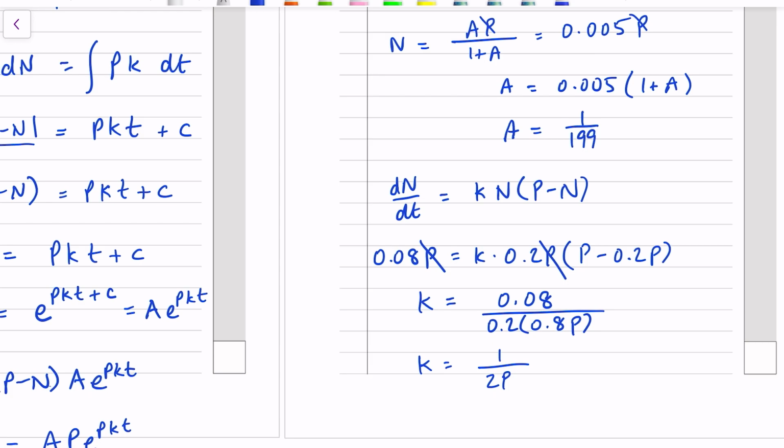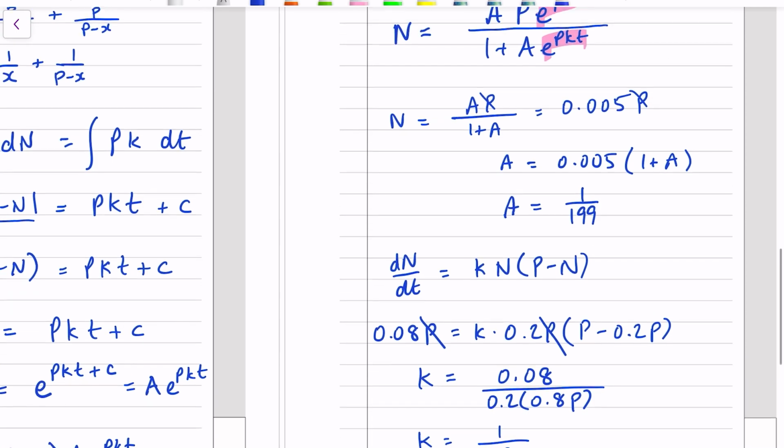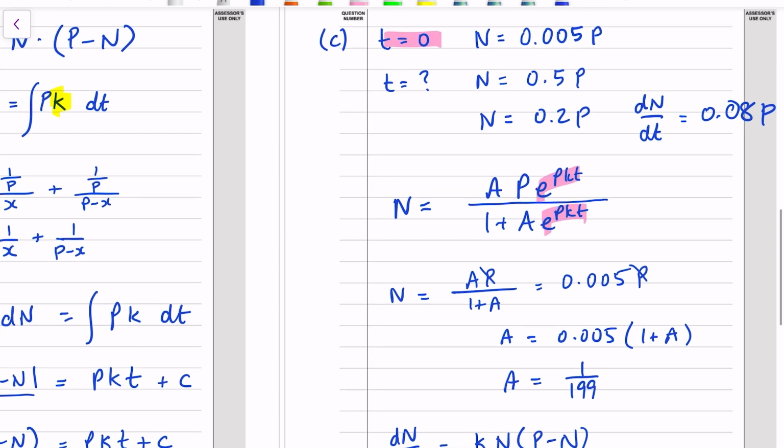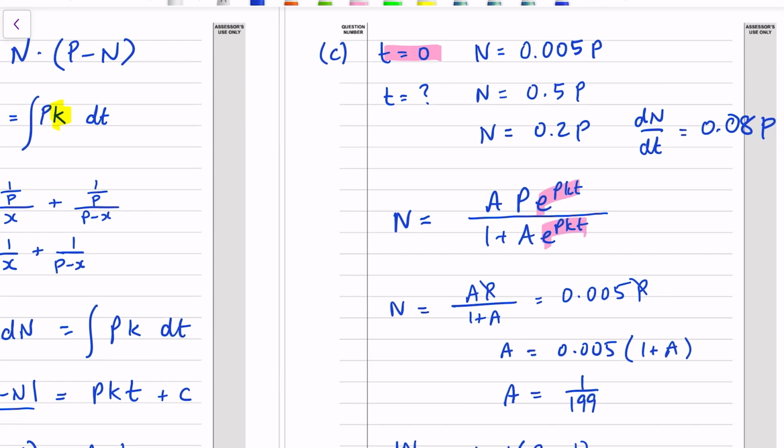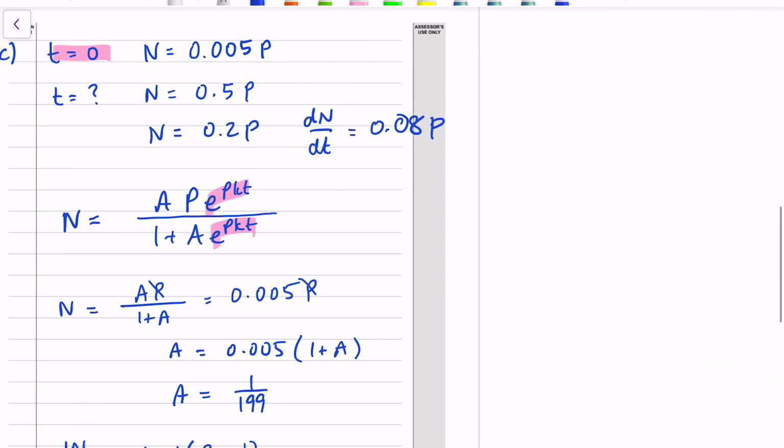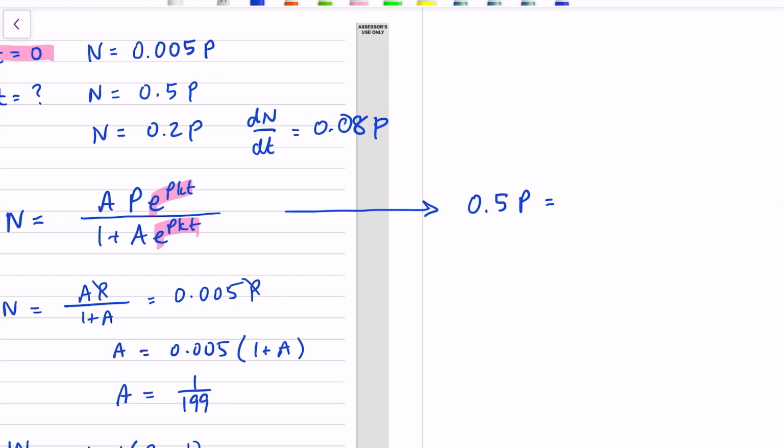Okay, then our last thing to do is to find out when the principal may need to act here, and that's when the number of students that know it is half the school. So we can go back to our original solution to this problem and substitute in 0.5 of p. We know that a is equal to 1 over 199.